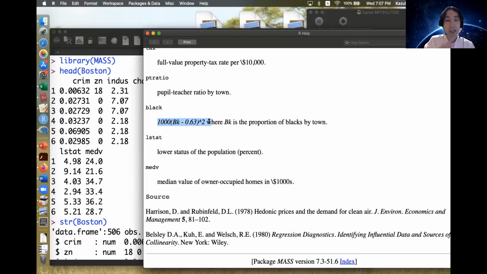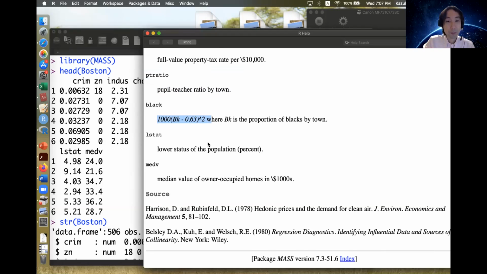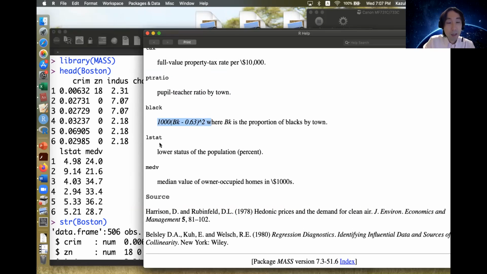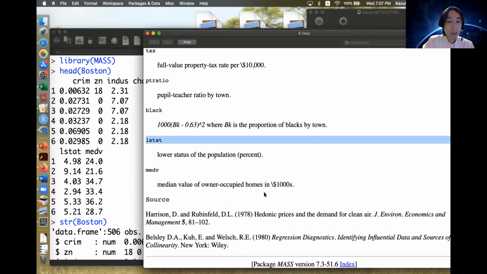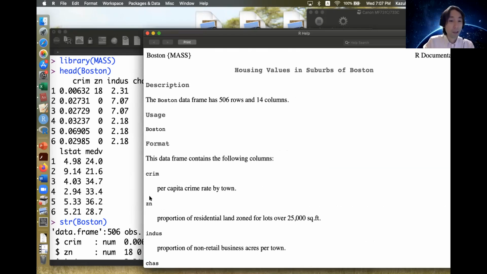I'm not sure why this variable is chosen. Maybe 63% is the average in this data set, I'm not exactly sure. And LSTAT, the lower status of the population, probably has a negative impact on the median value of owner-occupied homes. So these variables are there.